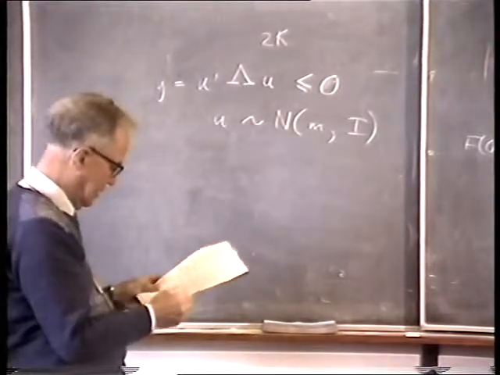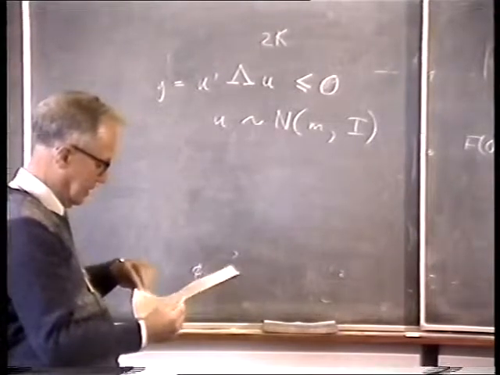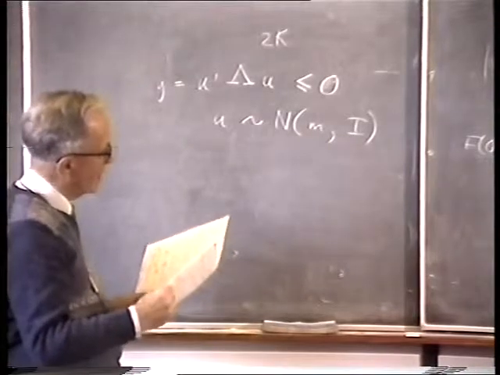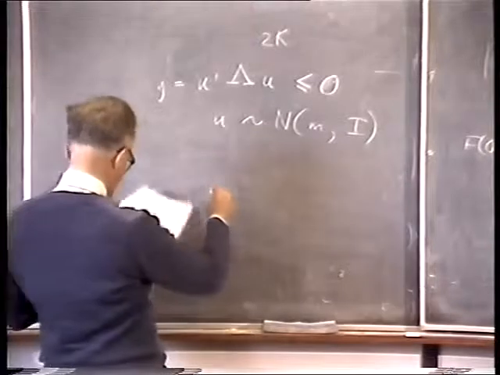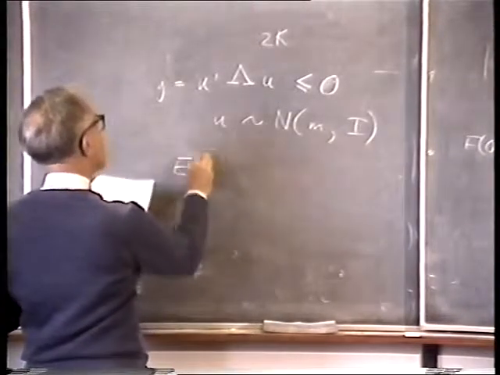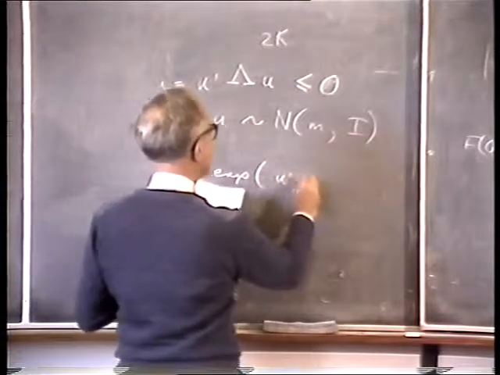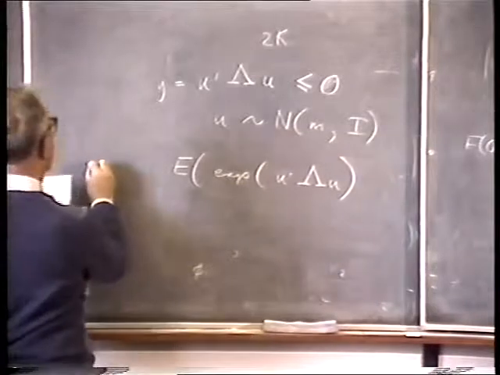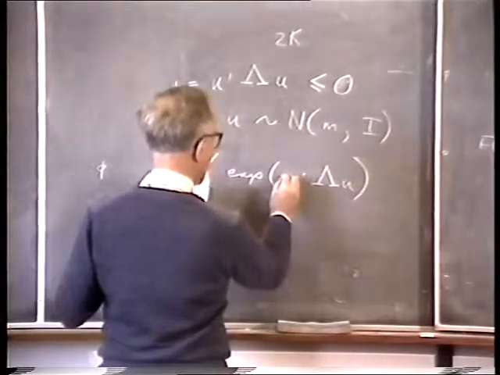In this case, it turns out that we can look at phi. In other words, we don't have to go into the complex domain in order to find what our phi is. It's the expectation of exponential u prime lambda u. Sorry, there's an s here.